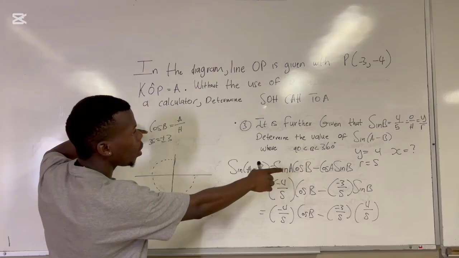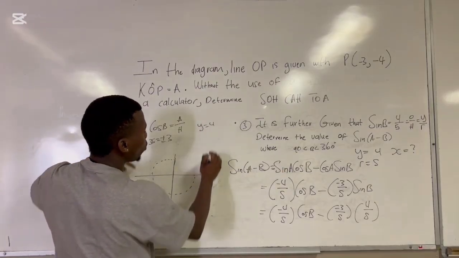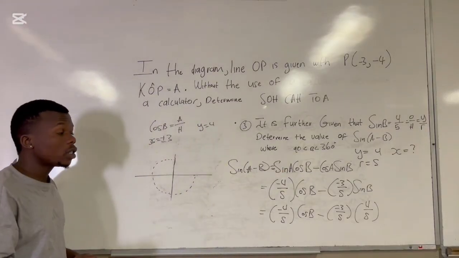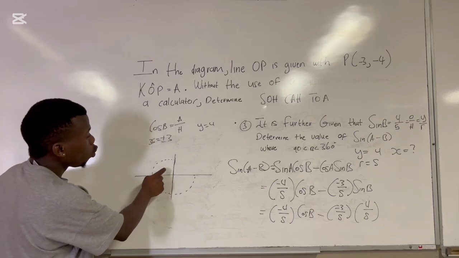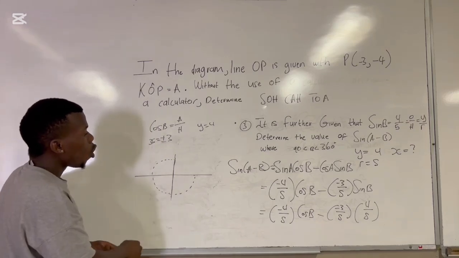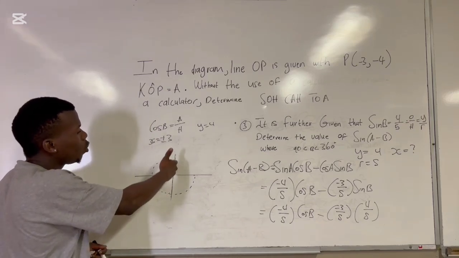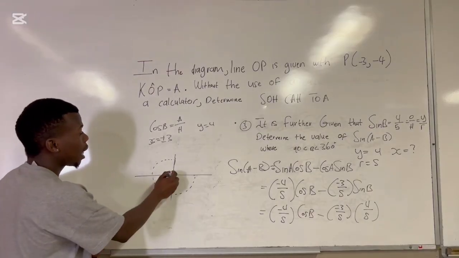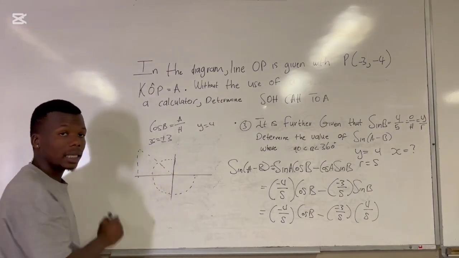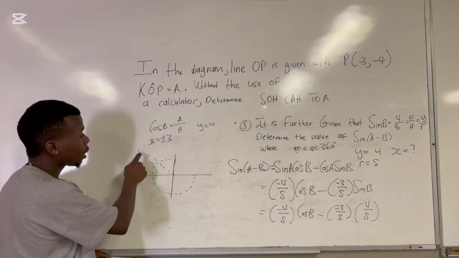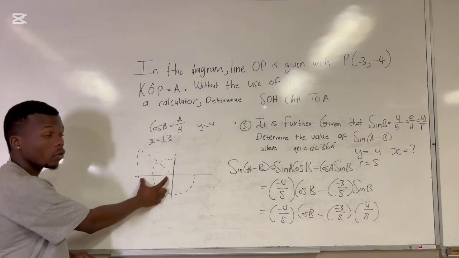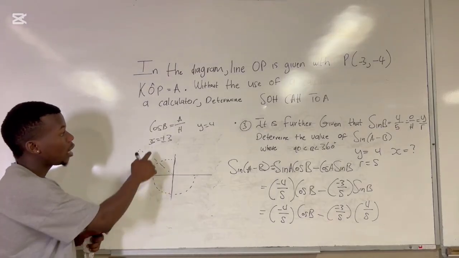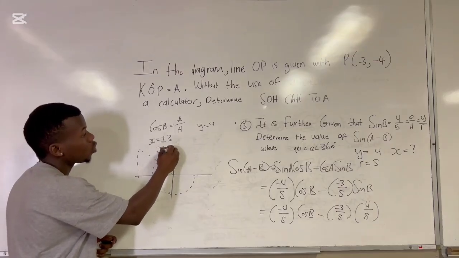Remember, our y was equal to positive 4, which means that between these three quadrants, the only quadrant that has a positive value of y is the second quadrant. Meaning my diagram will lie on this quadrant. On this quadrant, the values of x are negative.